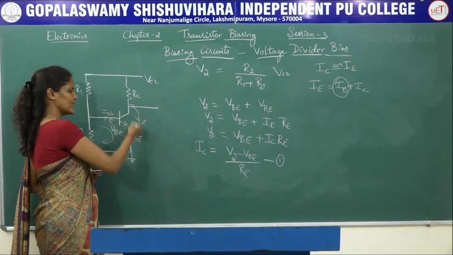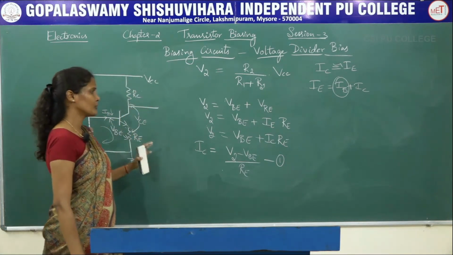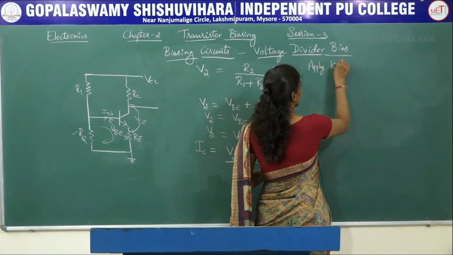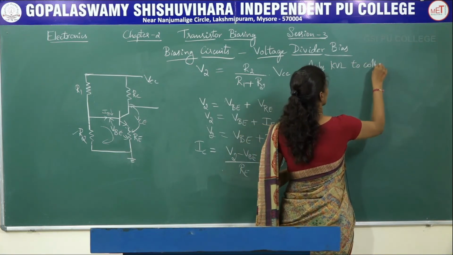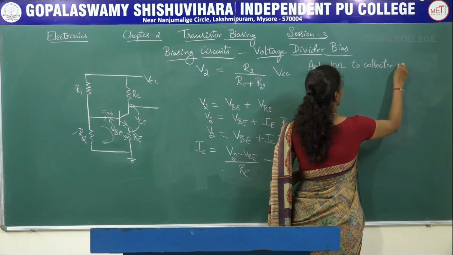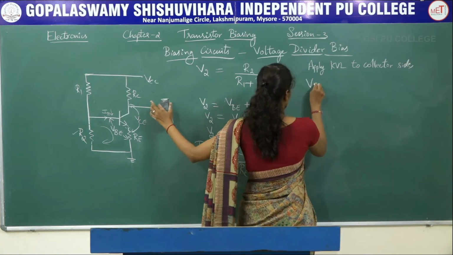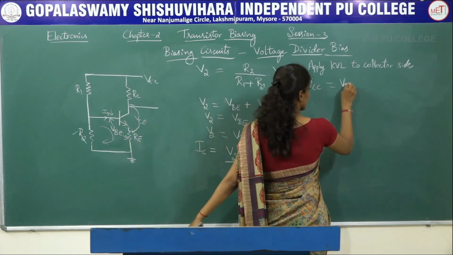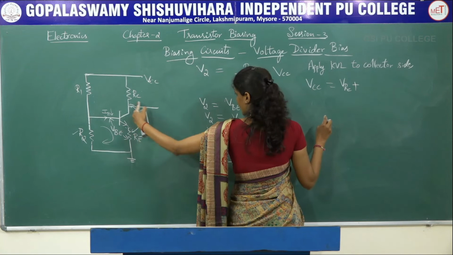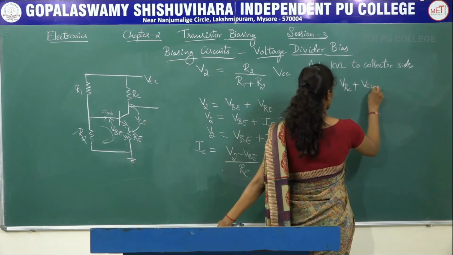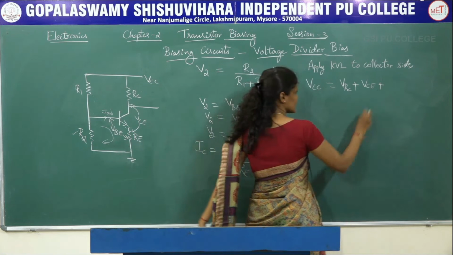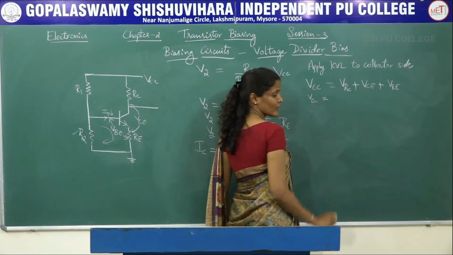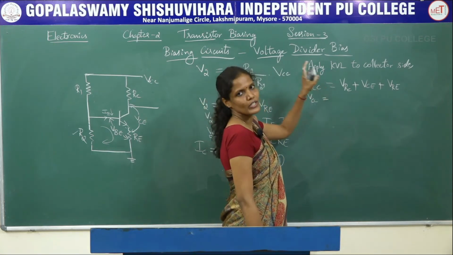Similarly, if I apply KVL on the output side, apply KVL to the collector side. So VCC is equal to the voltage drop across this resistor, let me write it as VRC, plus the voltage drop across these two terminals, that is VCE, and the voltage drop across this resistor, that is VRE. VCC equals voltage drop across that resistor, which is current into that resistor.